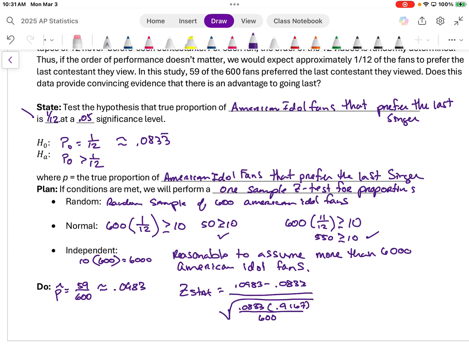We need to make sure we show this setup, as on AP test problems there is a part asking for the correct test statistic setup.